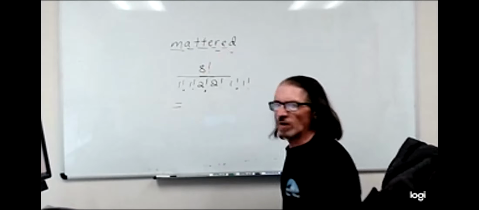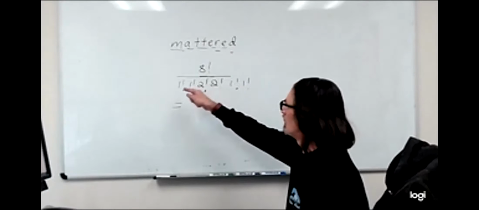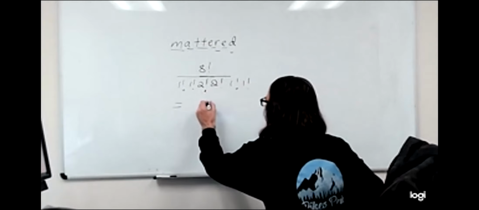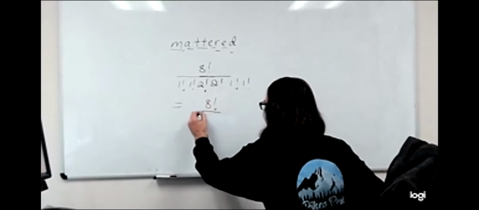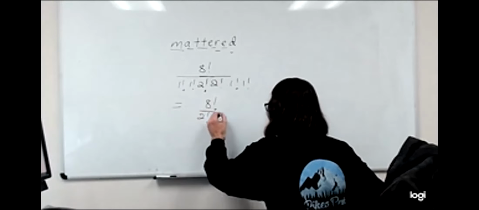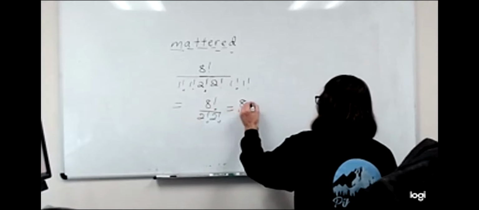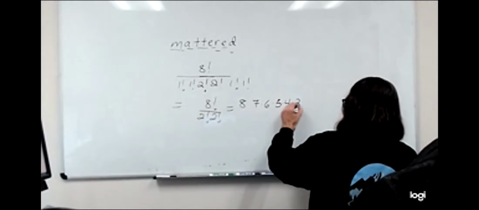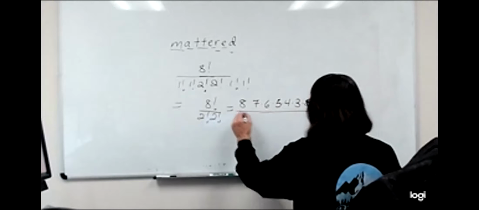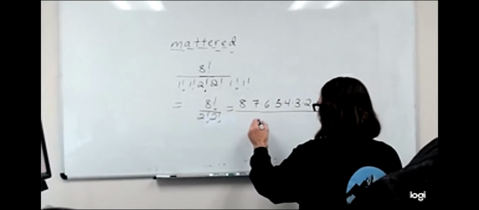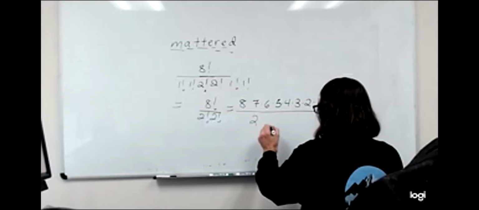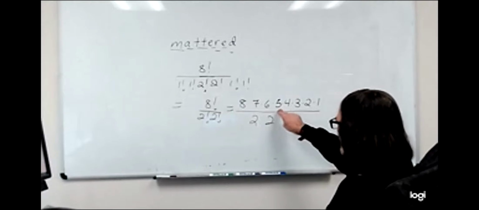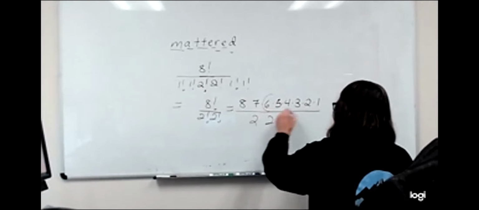So again, 1 factorial is 1. Multiplying by the ones down here are just going to leave us with 2 factorial times 2 factorial. And let's see here. I know 5 factorial is 120. 6 factorial is 720.